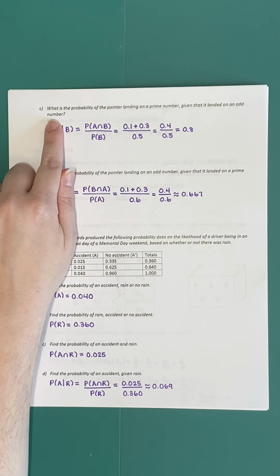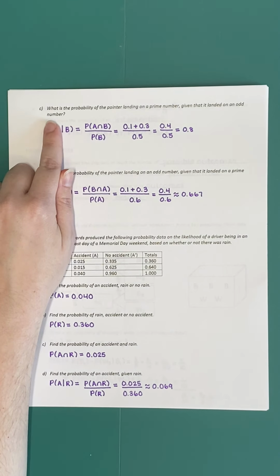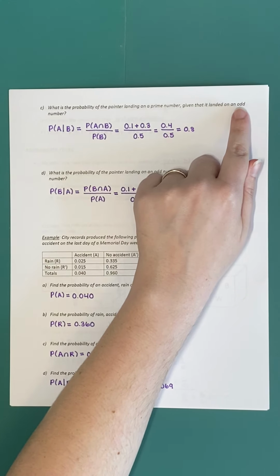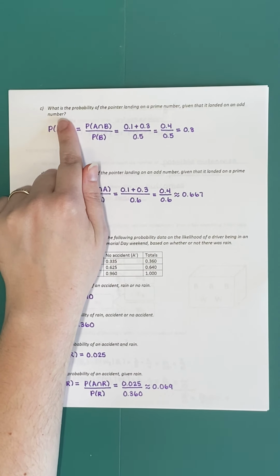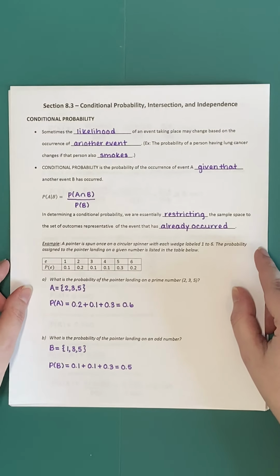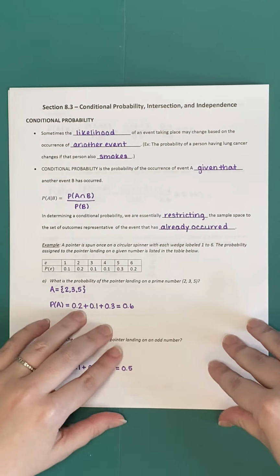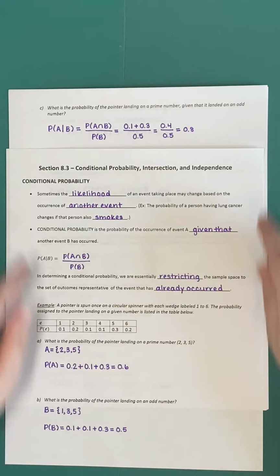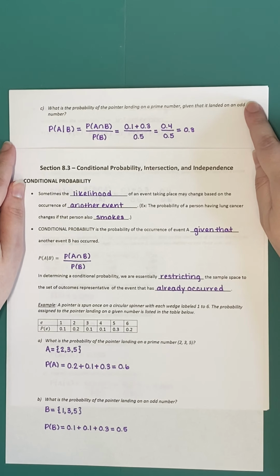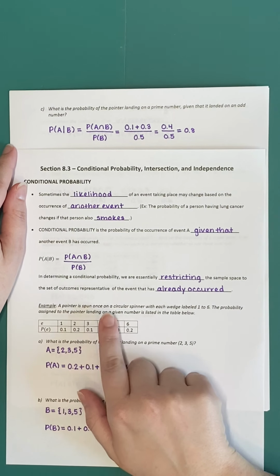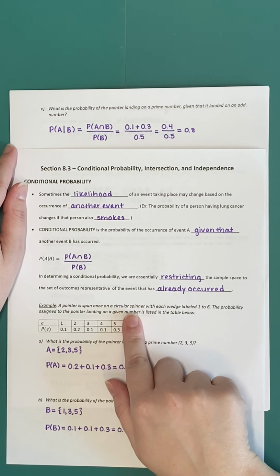What we're essentially doing is taking the whole sample space and restricting it to the outcomes associated with that event that has already happened, landing on an odd number. So if we think of the whole sample space as all the different spins from 1 to 6, the event that has already occurred is that we've landed on an odd number, which means we now eliminate the possibility of landing on 2, 4, or 6.